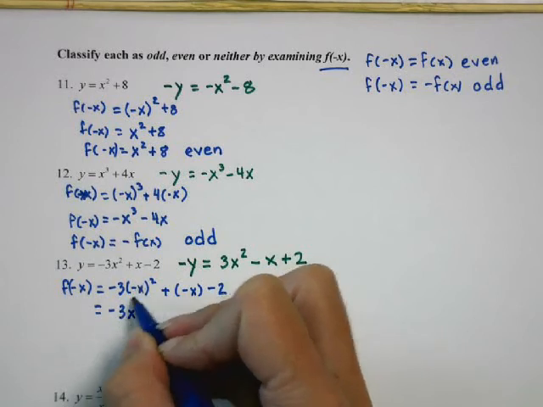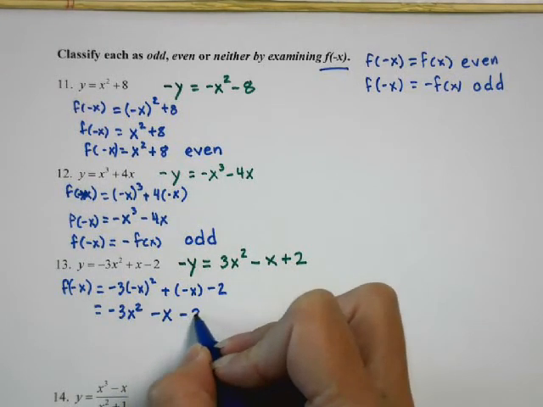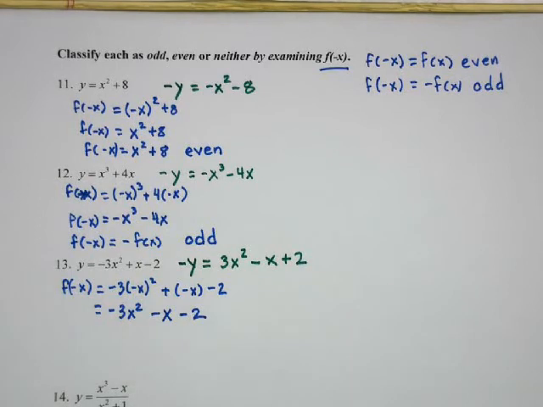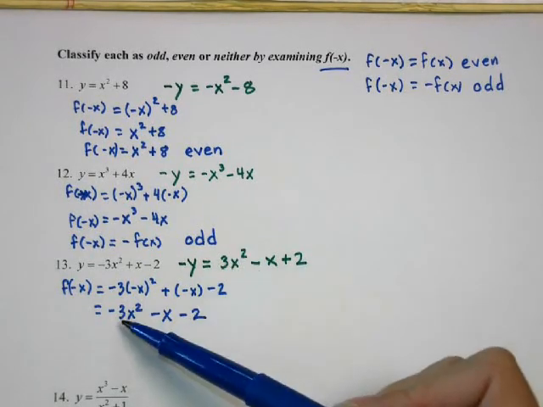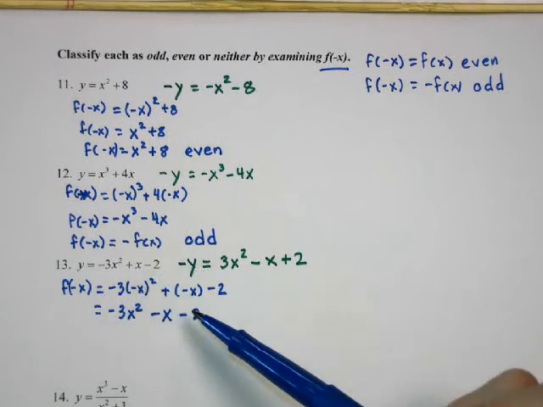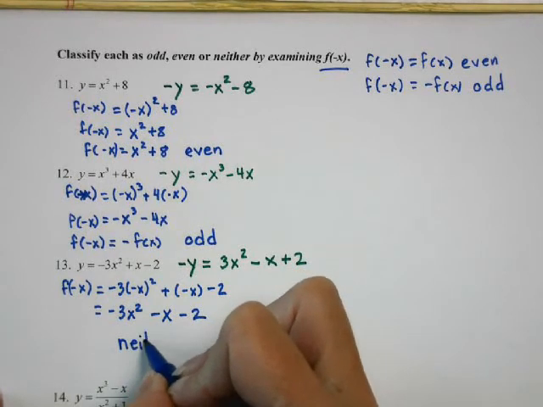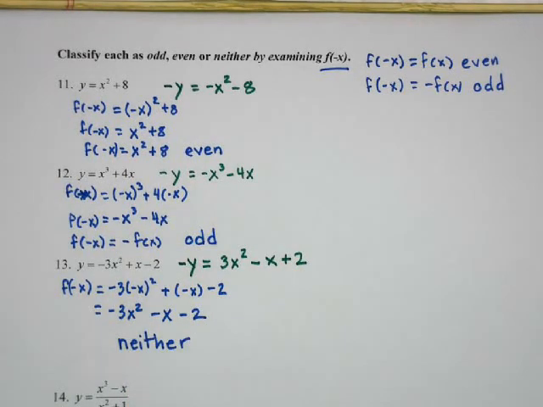This will be negative x, and that'll be minus 2. Well, that is opposite, or that stays the same. That one became opposite, that one stayed the same. So this would be neither. And if you think about it, there are a lot of graphs that don't have any symmetries. They're not symmetric to the y-axis. They're not symmetric to the origin.